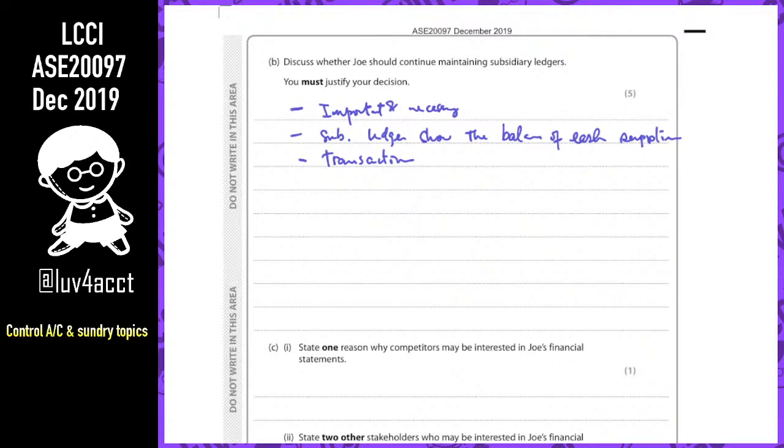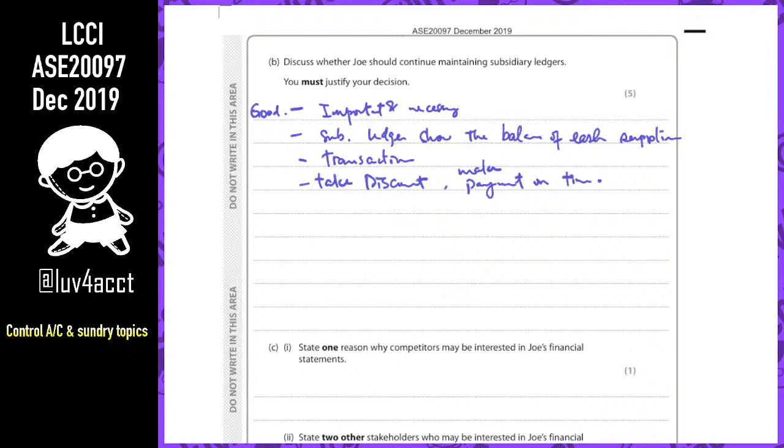So this is very detailed information about each supplier. So it is necessary so that you can take the discounts, or make payment on time. Okay, good. This is good.